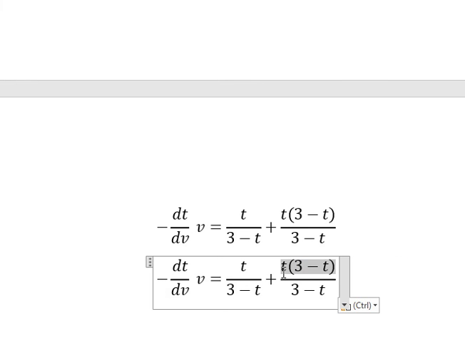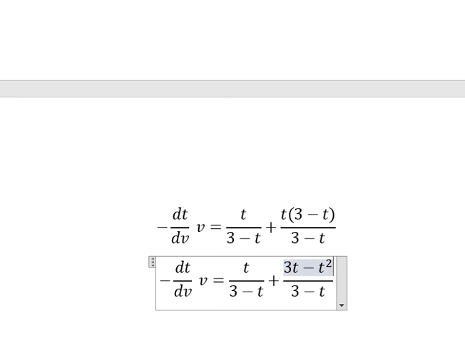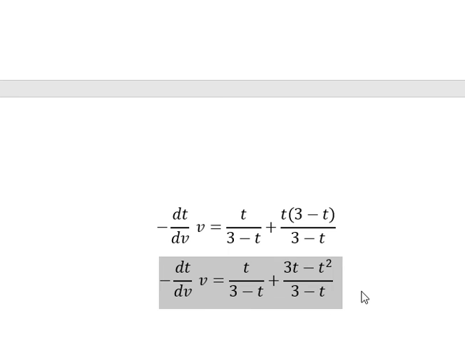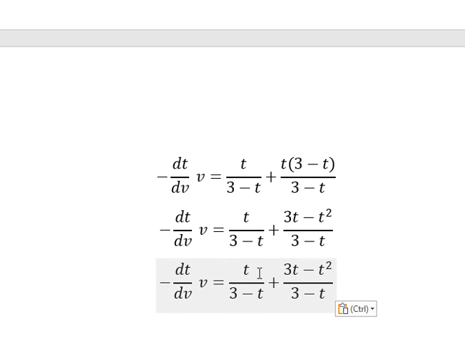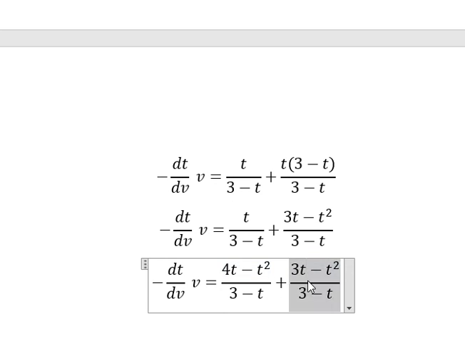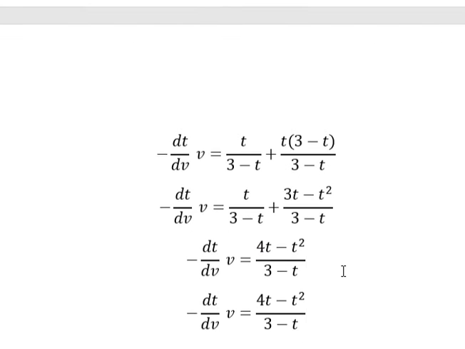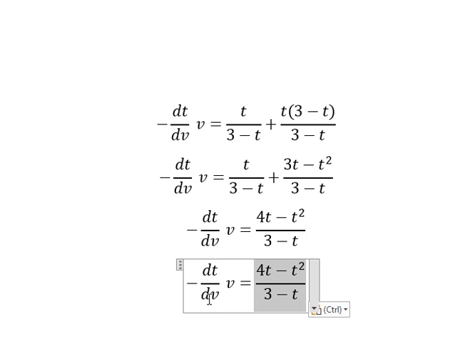So this one, we have 3t minus t squared in here. So t and 3t, we have 4t. Next, I will put this one to the left, dv and v go to the right.